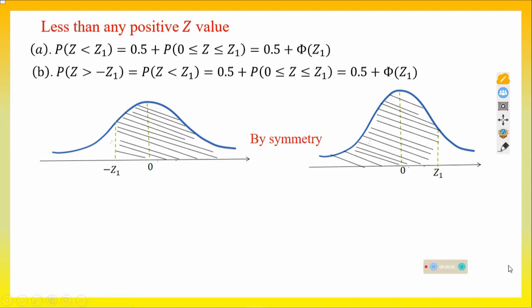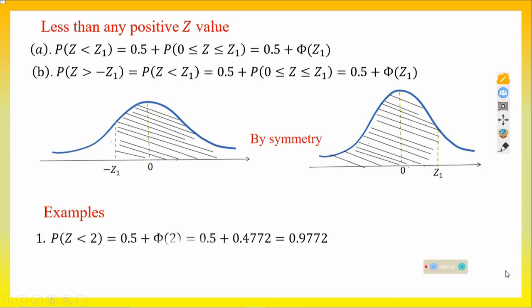Let us now look at some few examples. Now, if you need to find the probability for which z is less than 2, you need the probability for which z is less than 2. So if this is your z equaling 2, for example, you are interested in this probability.